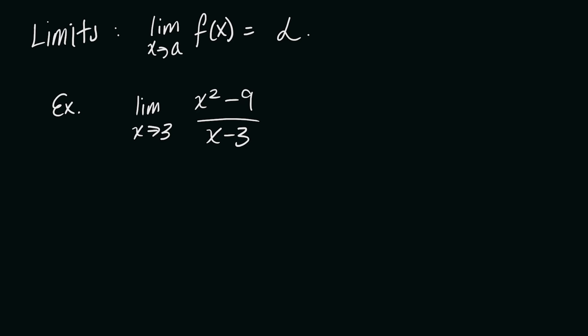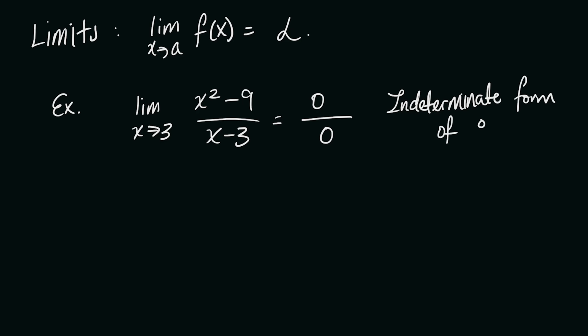It comes out to 0 over 0, because whenever you plug in 3 into the numerator, 3 squared is 9, and then subtracting 9 gives 0. The 3 minus the 3 on the denominator is 0 as well. So this is what we call the indeterminate form of 0 over 0.